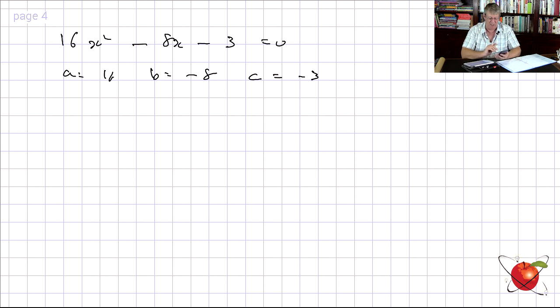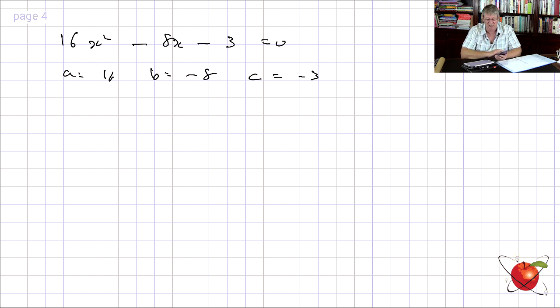Let's do this one. 16x squared minus 8x minus 3 equals 0. A equals 16, B equals minus 8, C equals minus 3. So we go back, press AC to clear it all, and you'll see it goes back.